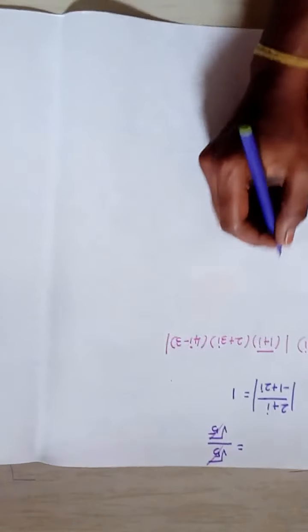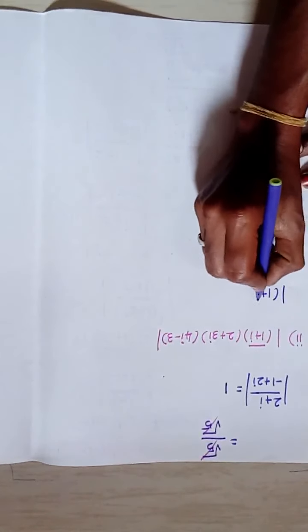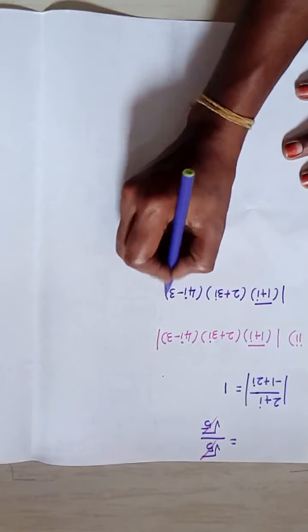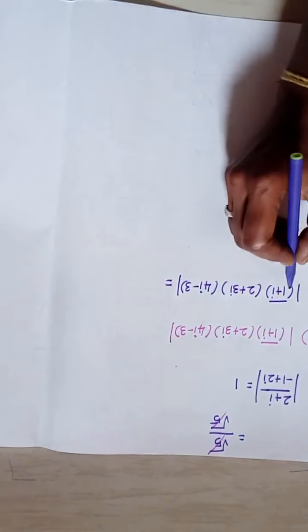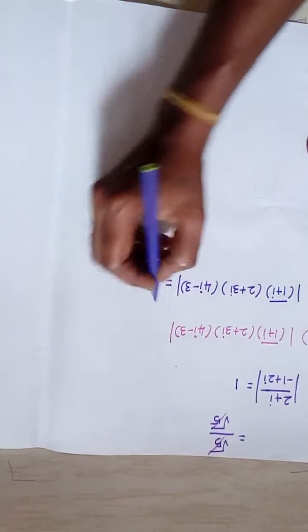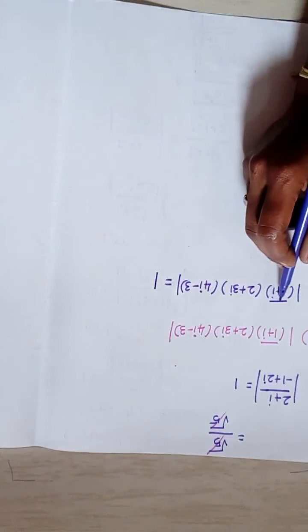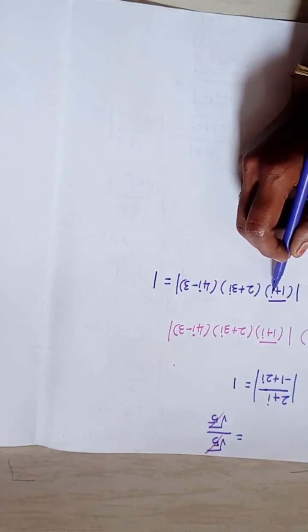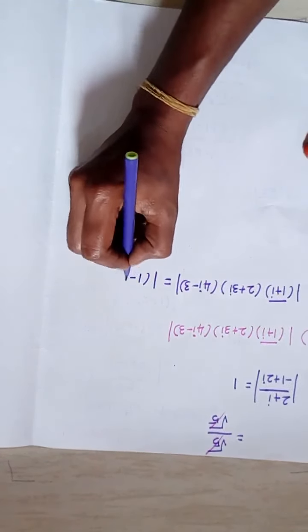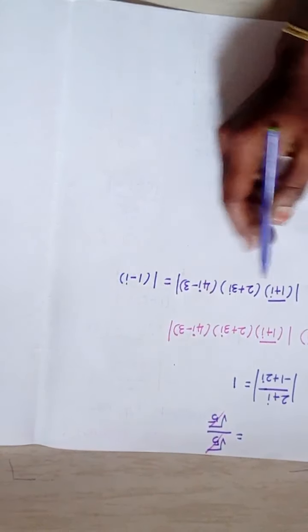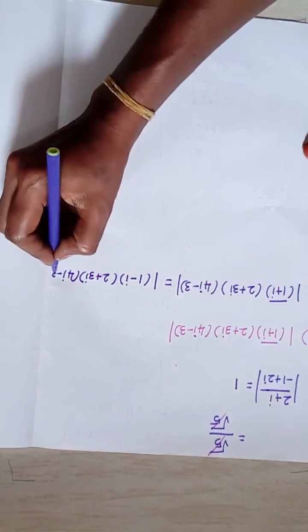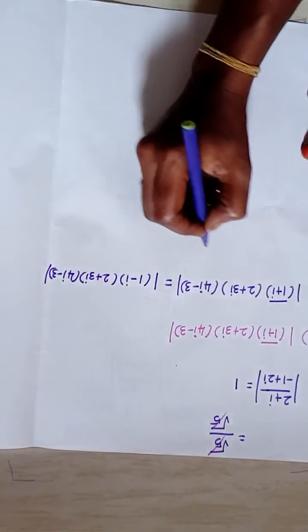First write the bar: taking the bar means changing the sign of the imaginary part, positive becomes negative and negative becomes positive. Here the imaginary part is plus 1, so it changes into minus 1. So now 1 minus i, into (2 plus 3i) into (4i minus 3). Do you understand, Rama? Yes.